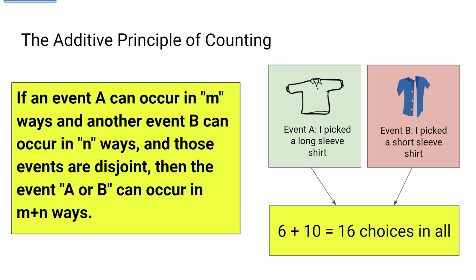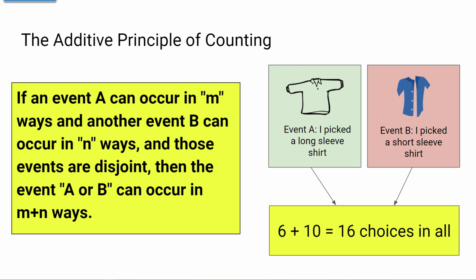They have no intersection or no common elements. 2 disjoint events are events that can't both happen at the same time, like picking a shirt that is both long sleeve and short sleeve. So in our case, I'm making a single choice that has 2 disjoint outcomes. Or you can think of it as I am making a single choice by picking one thing from 2 disjoint sets. The additive principle says that in these conditions, the total number of choices is just the sum of the possible outcomes over each bin.